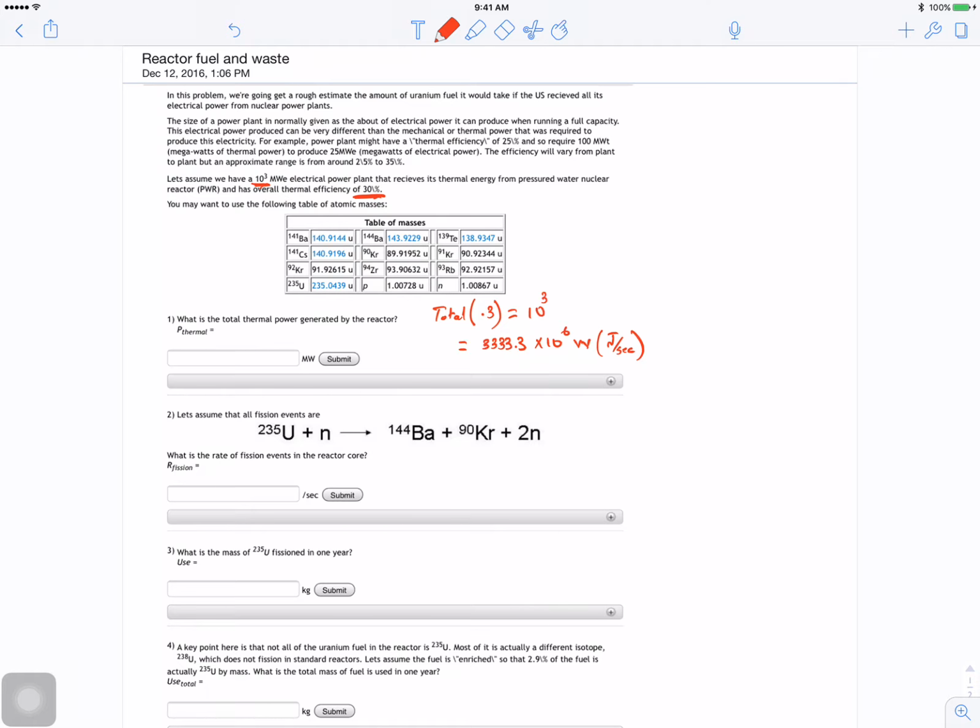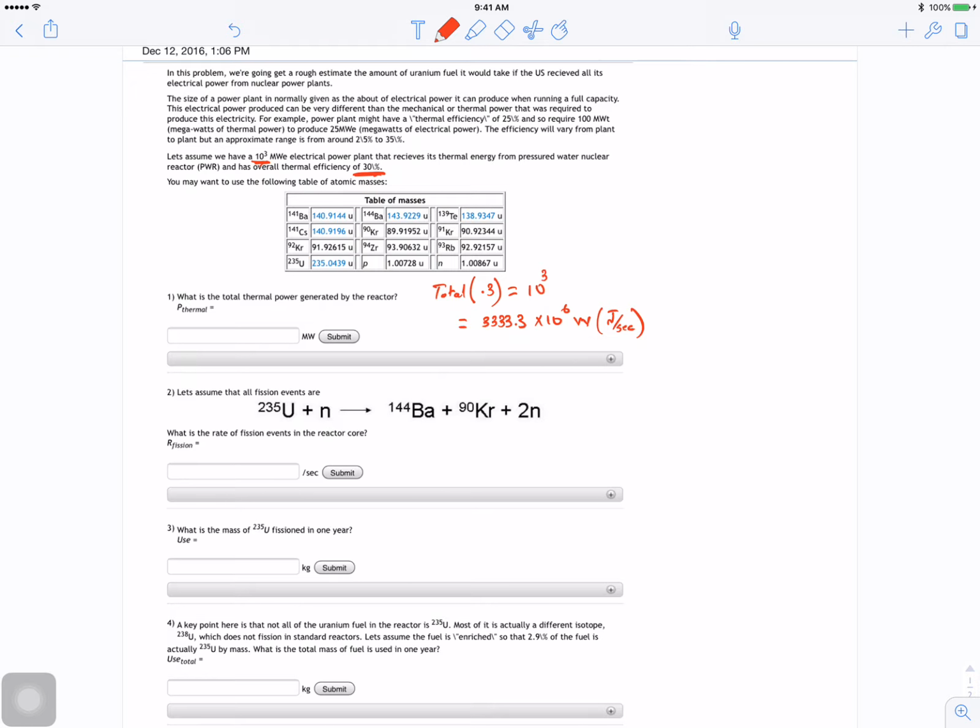For the second question, what is the rate of fission events in the reactor core? You need to find the energy released per fission. In the video before, I found that it was 179.6 million electron volts. The way you find this is you add the masses, the mass of the uranium and the mass of the neutron, minus the masses right here, which you find from the table.